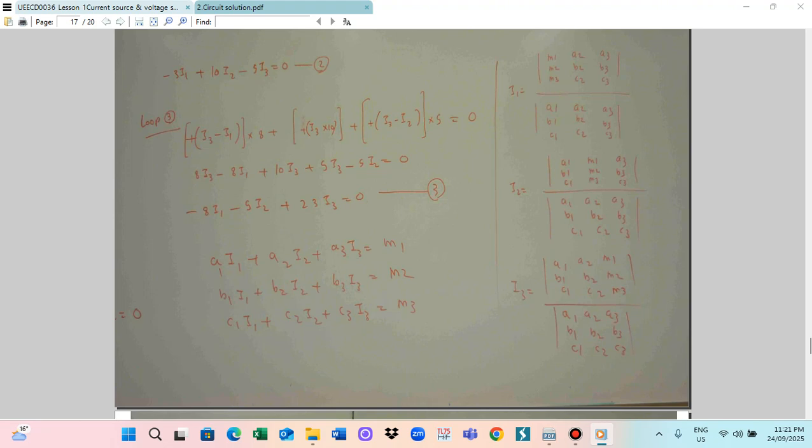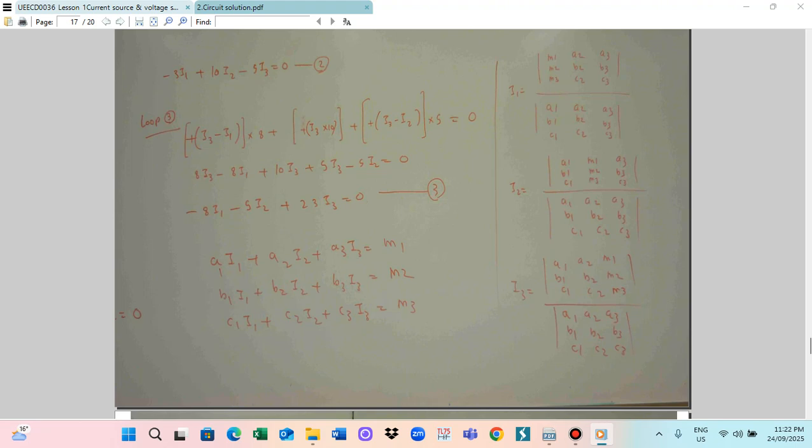For the equations: A1I1 plus A2I2 plus A3I3 is equal to N1, and B1I1 plus B2I2 plus B3I3 is equal to N2, and C1I1 plus C2I2 plus C3I3 is equal to N3. For this we use the determinant method.